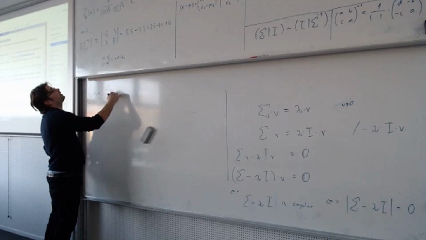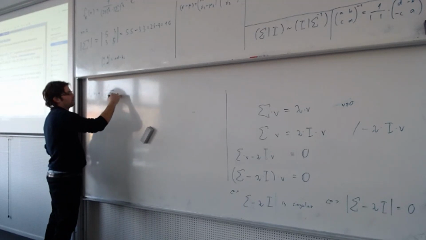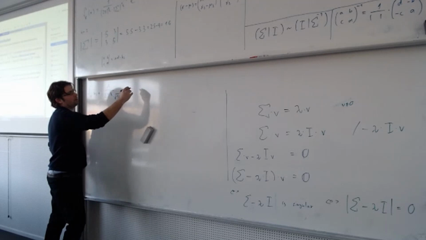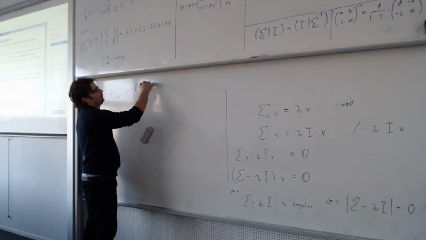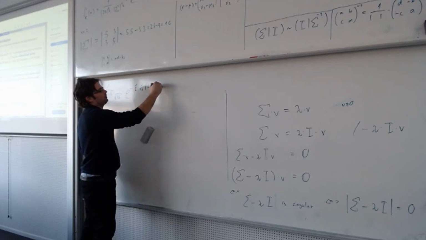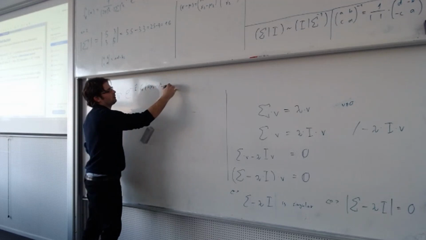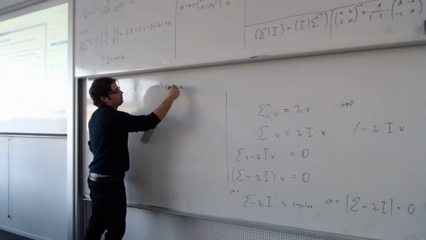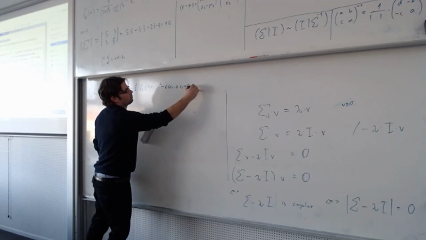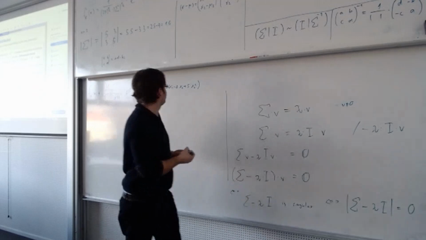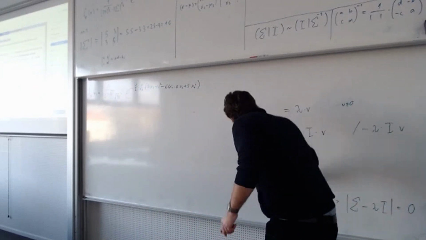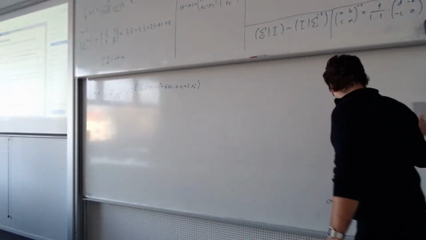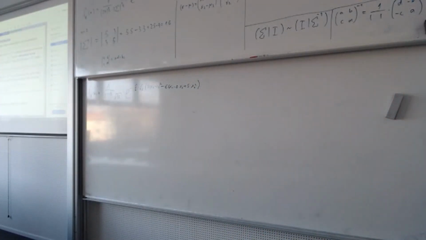Times the determinant to the power of 1/2, so basically the square root of 16, which is 4, times e to the power of minus 1/2, times 1 over 16 times, and now 5 times (x1 minus 2) squared minus 6 times (x1 minus 2) times x2 plus 5 times x2 squared. So this is the formula for the two-dimensional density of this random vector.